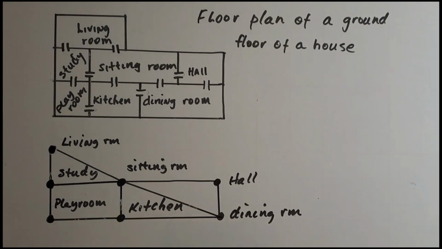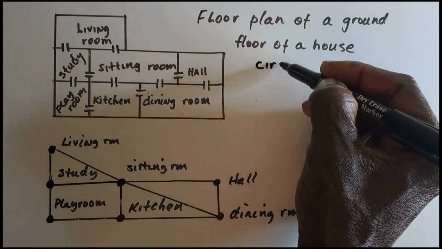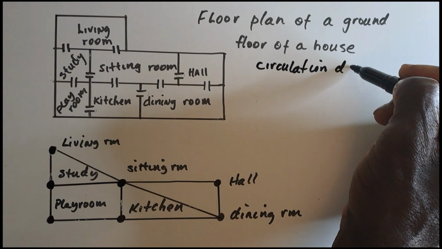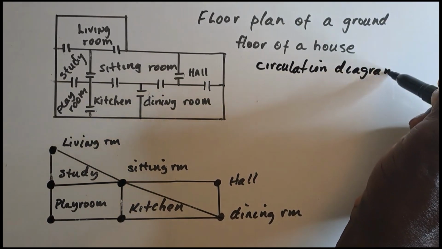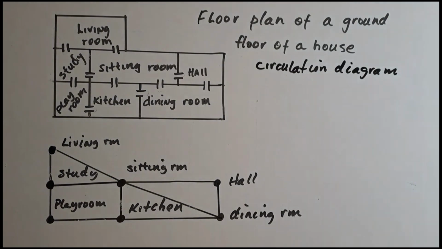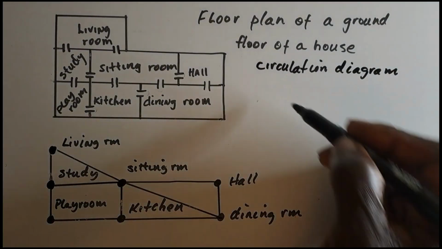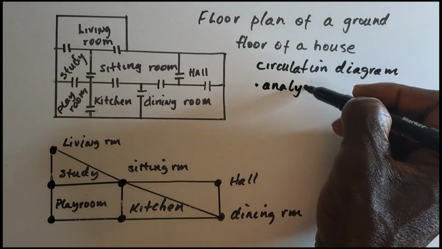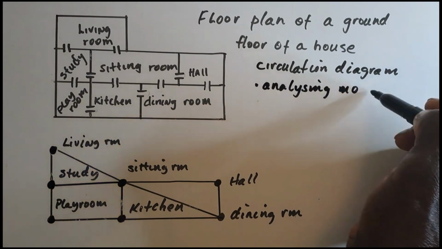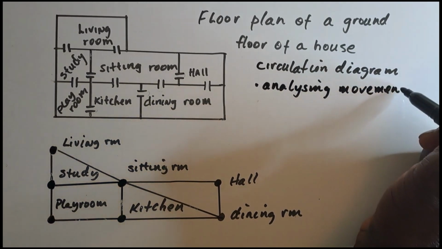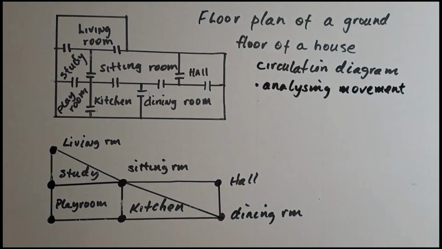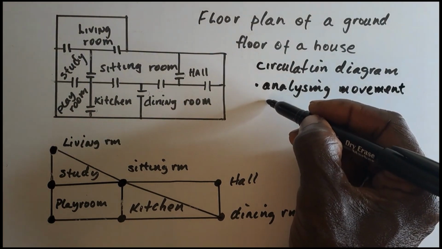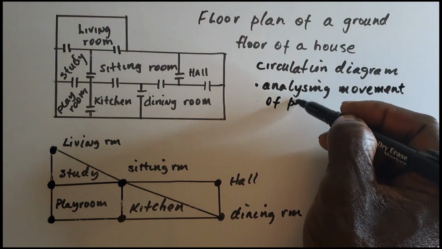Now, there's something interesting about this graph. It's actually called a circulation diagram. In the real world, as used in analyzing movements of people in large buildings.